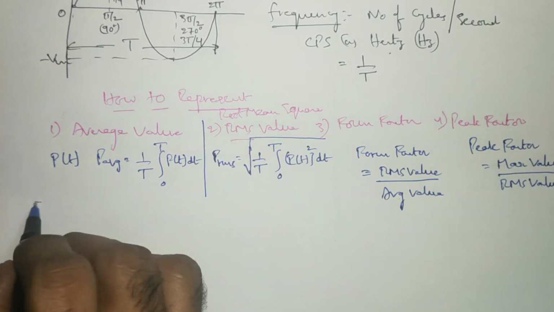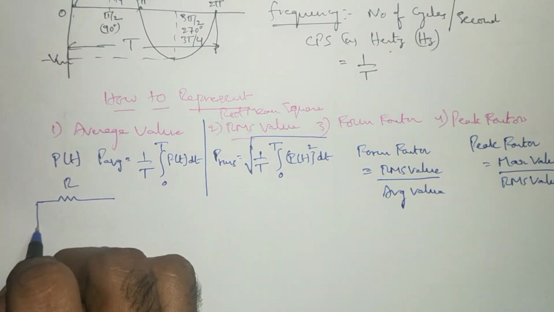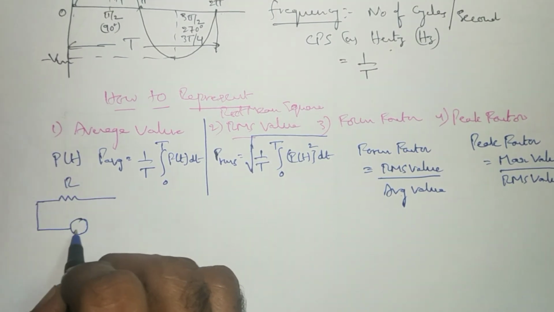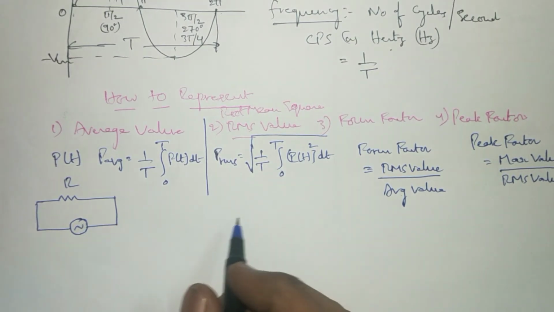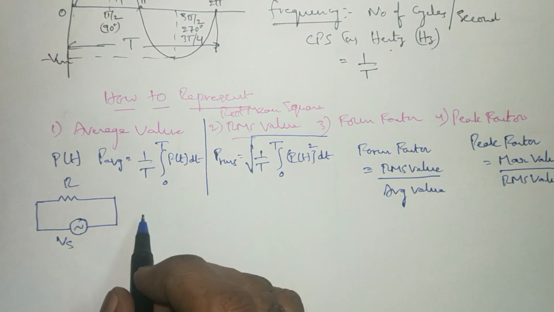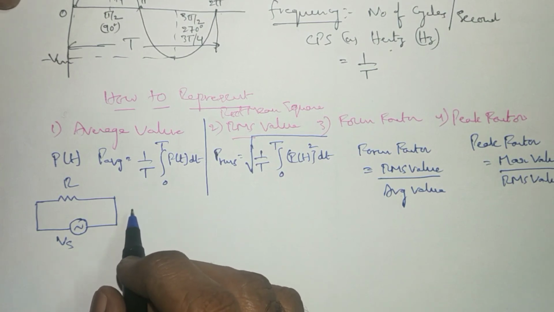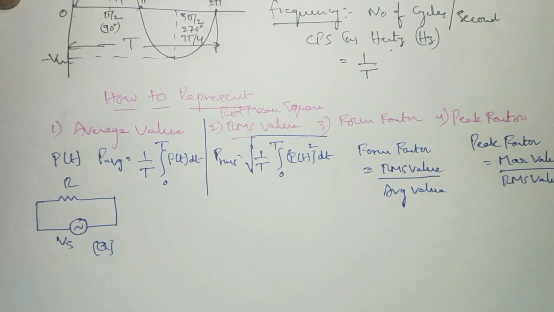So what I mean to say is, consider a load R, and let us suppose we connect an alternating supply, the symbolic representation of alternating supply Vs, and for a particular amount of time, let us suppose that Q is the charge being transferred here.